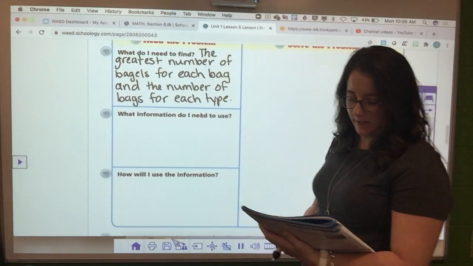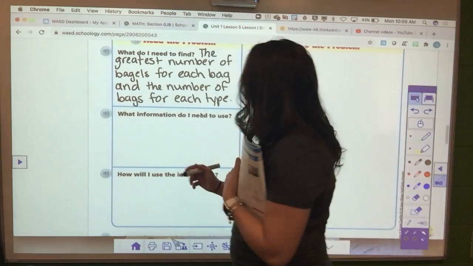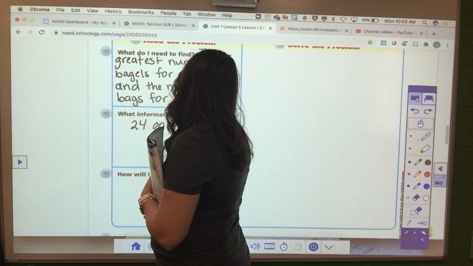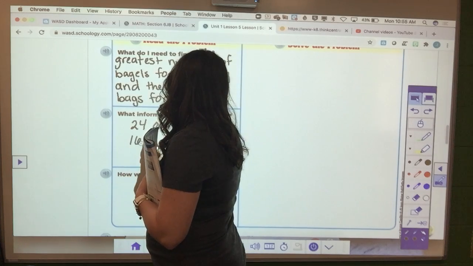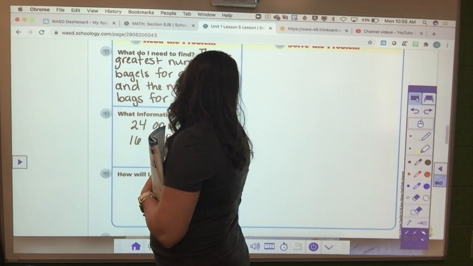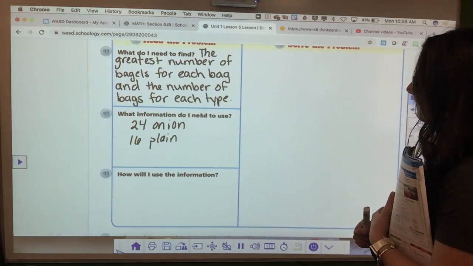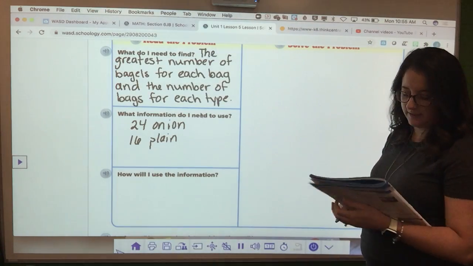What information are we using? We are using the fact that there are 24 onion bagels and 16 plain bagels. How will I use this information?